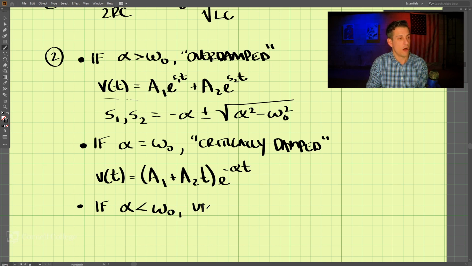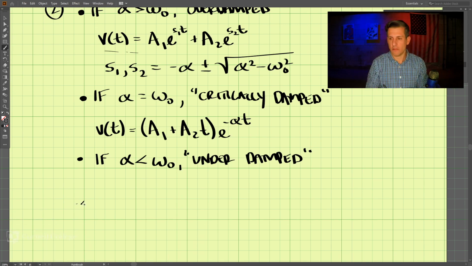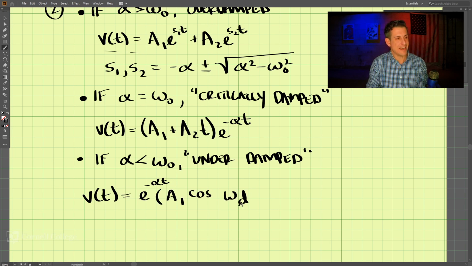We call this underdamped. And here the equation's a little bit longer. We have V of t is equal to e to the negative alpha t and A1 cosine omega d, this is the damped frequency, times t plus A2 times sine omega d times t.